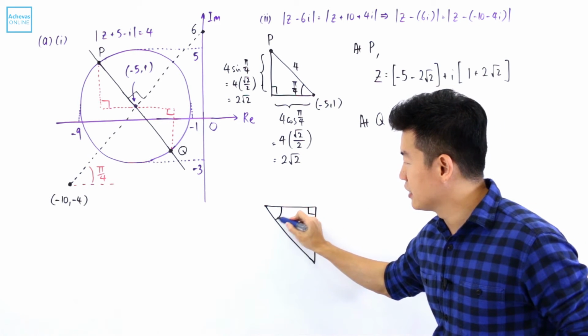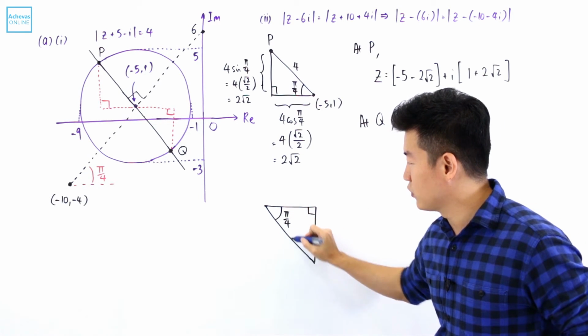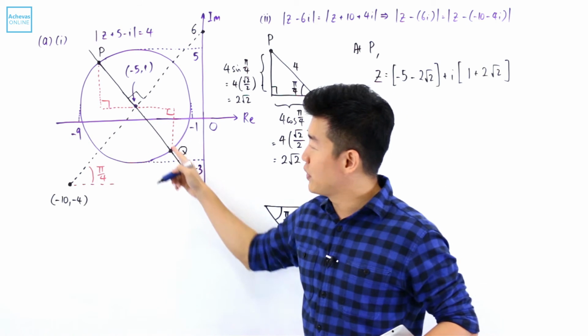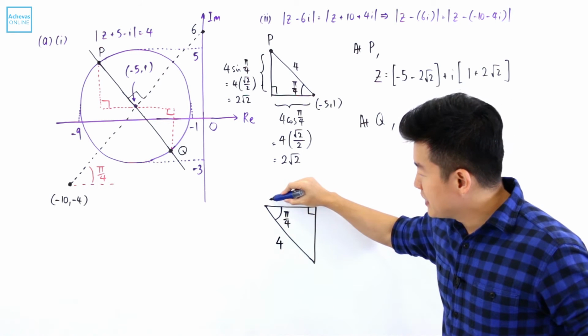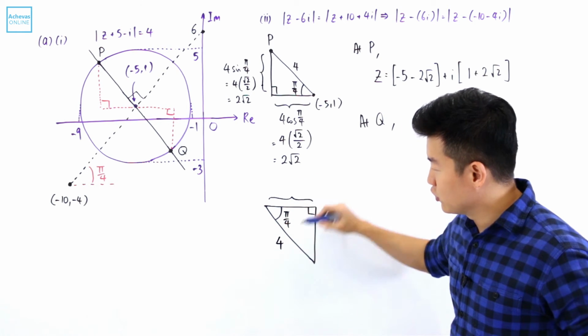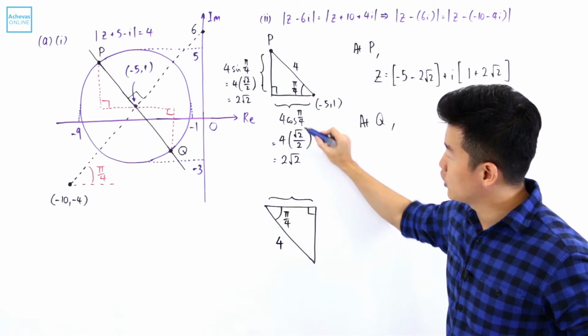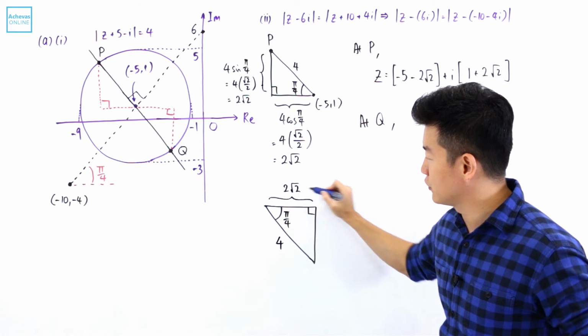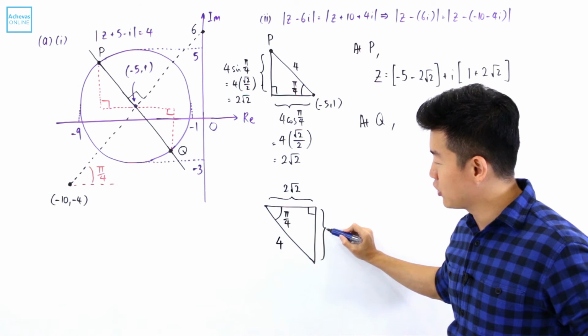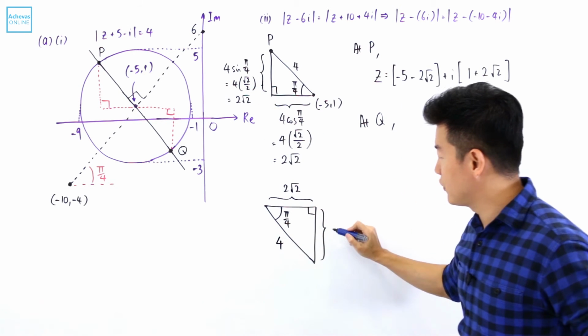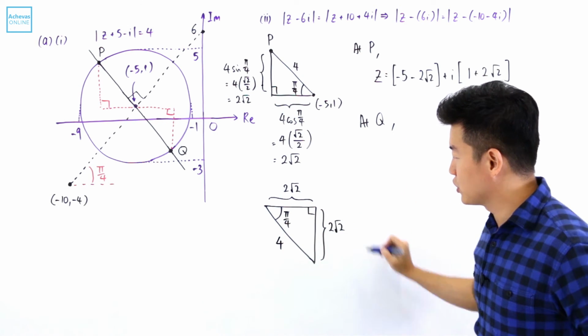And this angle here, like what we have discussed, is pi over 4. This is the radius of the circle, so this length here is 4. Which means that this distance here is going to be 4 cosine pi over 4, which is 2 square root of 2. And this distance here is going to be 4 sine pi over 4, which is also 2 square root of 2.